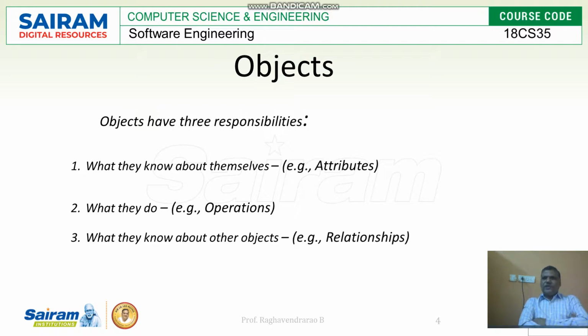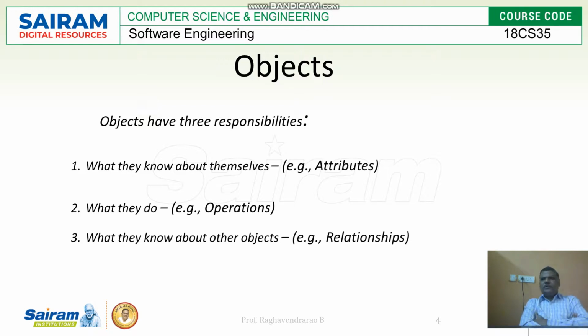Then about the objects, how they are going to be related. There will be a loan section in that. How is the bank account, meaning your account, related to the loan section? There also you can have the name, account number, and the status of your account available in the loan section also.